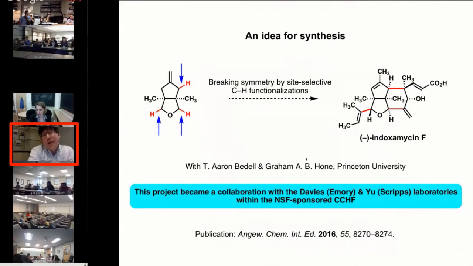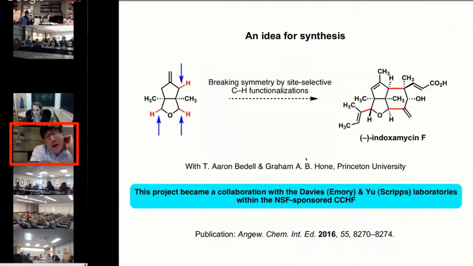It has an architecture that is sort of challenging. It doesn't scream of something that has symmetry, but we had a dream that maybe indoxamycin F could originate from a structure having symmetry. And the idea was that we might build the structure on the left and break its symmetry by site-selective CH functionalizations.